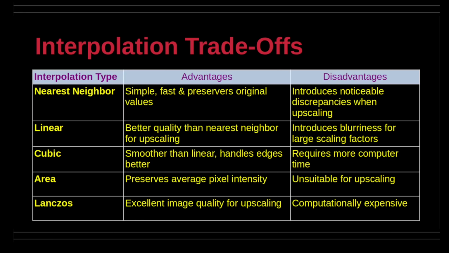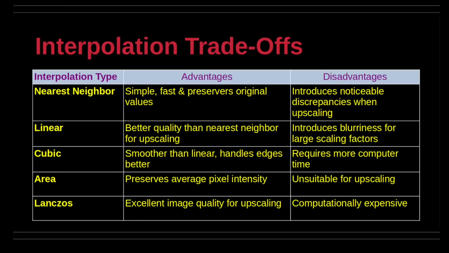The pros are excellent image quality, especially for upscaling. The cons are computationally expensive. The key trade-offs that you should consider are speed versus quality. Nearest neighbor is the fastest but produces the lowest quality, while Lanczos is the slowest but often produces the highest quality.